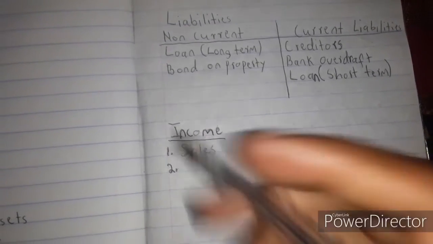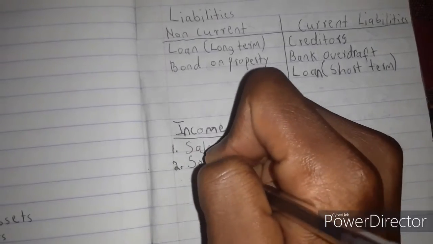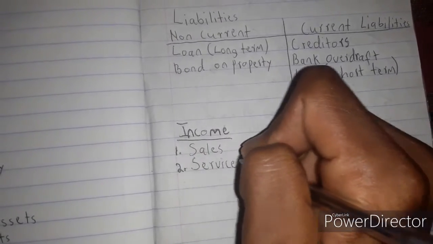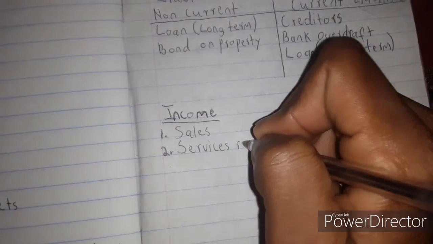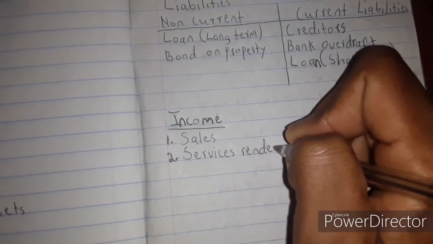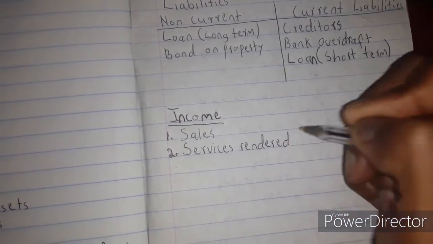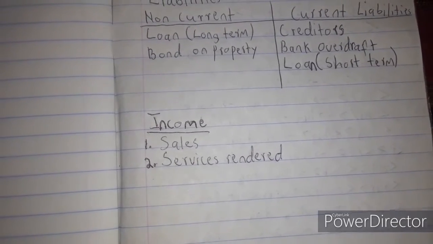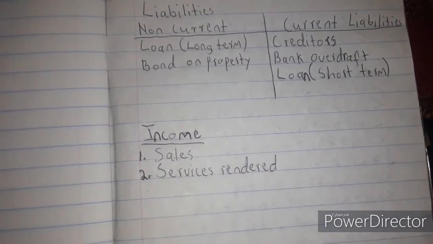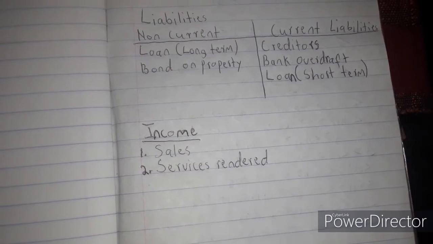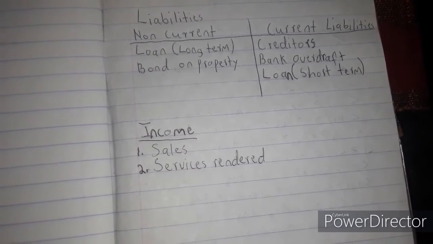Then there is services rendered. Services rendered is the amount that the business receives for providing a service.